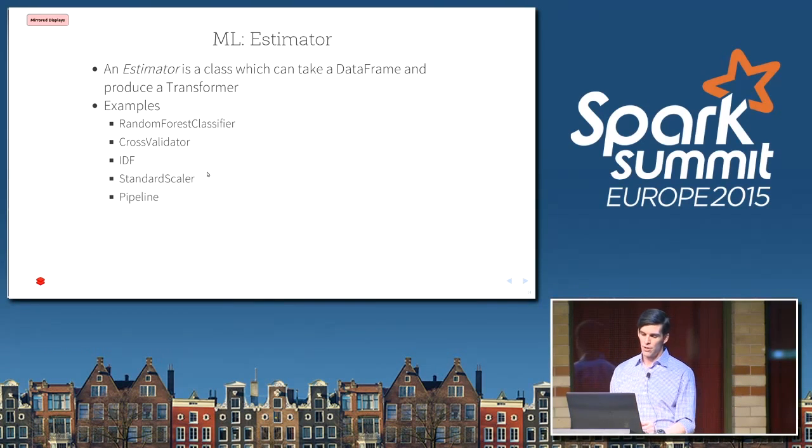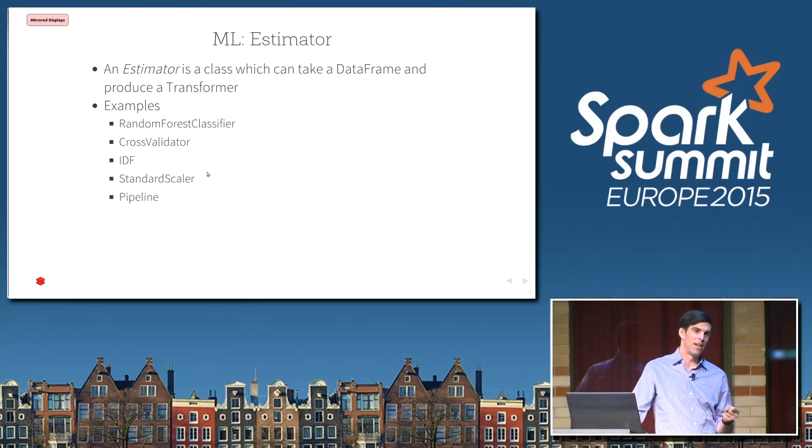Another example is our standard scaler or the pipeline itself. So an interesting thing to note here is that pipelines are estimators. They also take in estimators and transformers. So a pipeline can actually reference another pipeline as part of its stages.